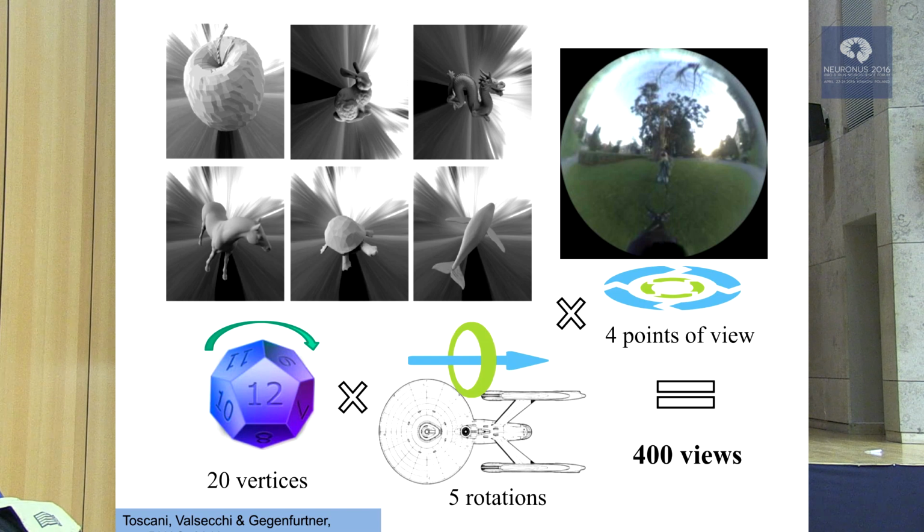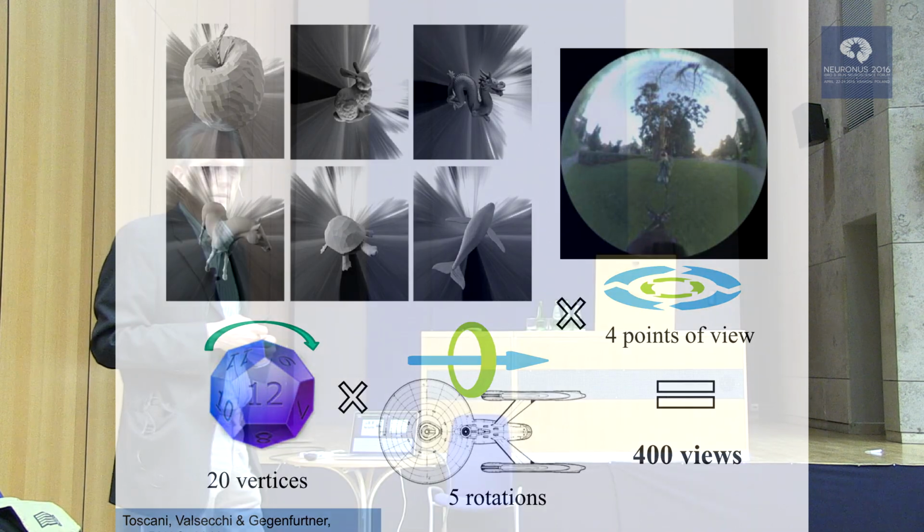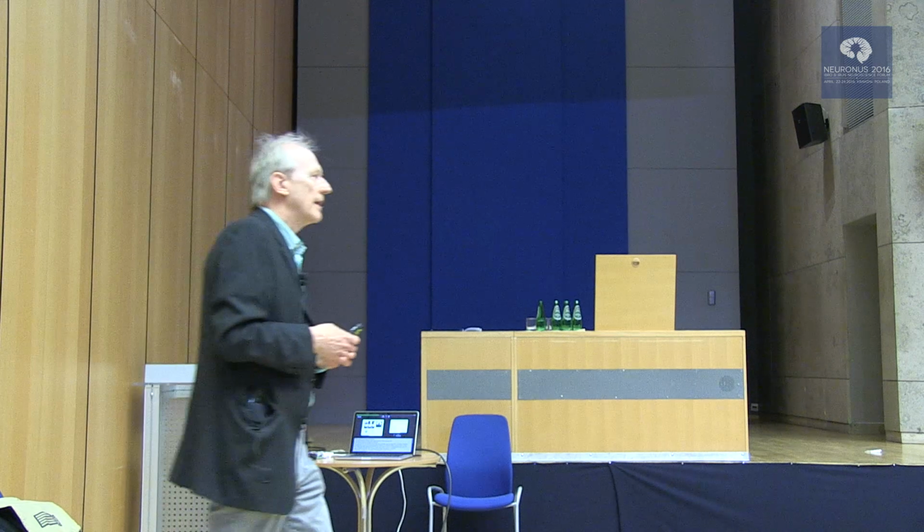And basically what the software does, it calculates the physical intensities of the light that enter the eye of the observer. And then, of course, we can easily rotate the object around. And for each object, basically we end up with 400 different views. And then we can look at each statistic, for example, the mean, and calculate the mean for each one of these different views, and then see and evaluate whether it's a good statistic.